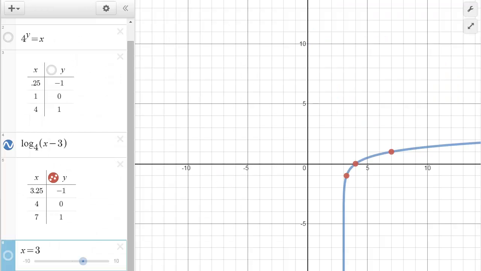So let's switch back to this view where I don't have to fight with the pen. And as you can see, it's very asymptotic to the line x equals 3, whereas our original parent function was asymptotic to x equals 0.